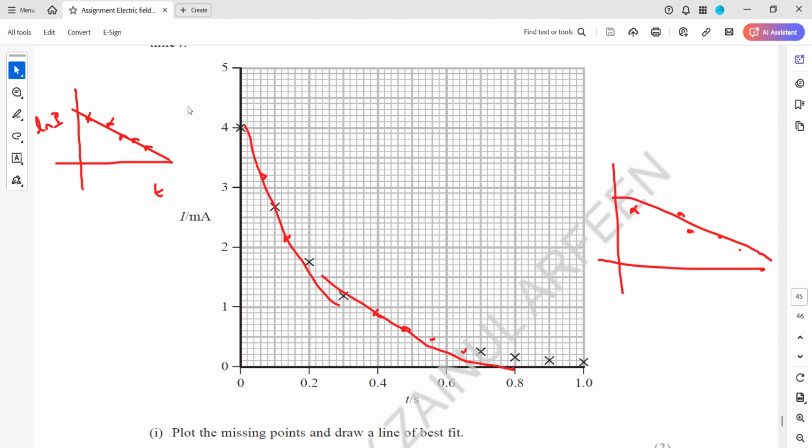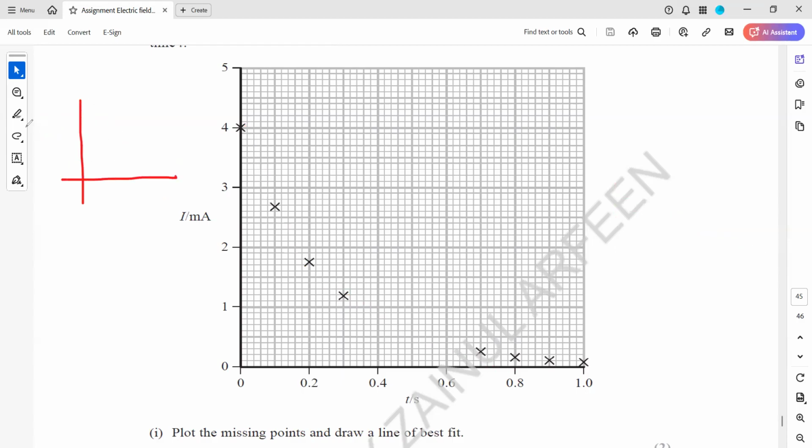When we plot a graph between ln I and t, what will the gradient be? We have the formula I equals I naught e raised to power minus t over RC. When we take ln both sides, ln I is equal to ln of I naught e raised to power minus t over RC.